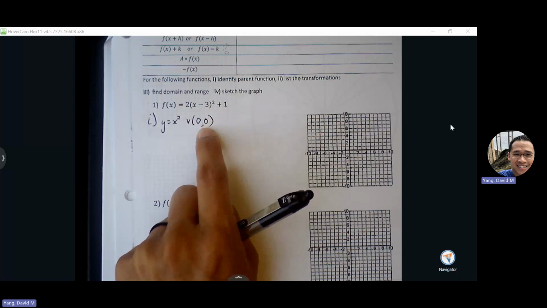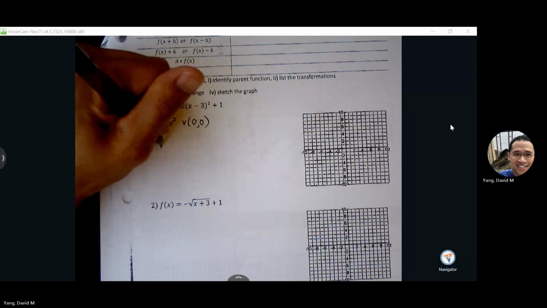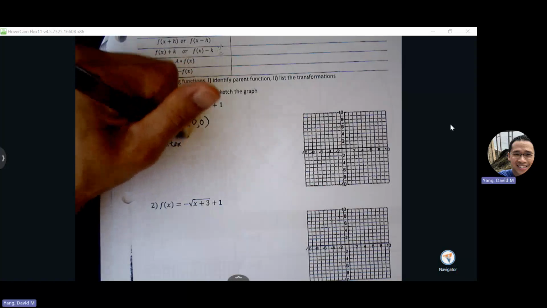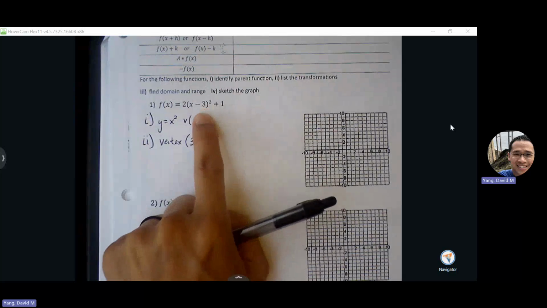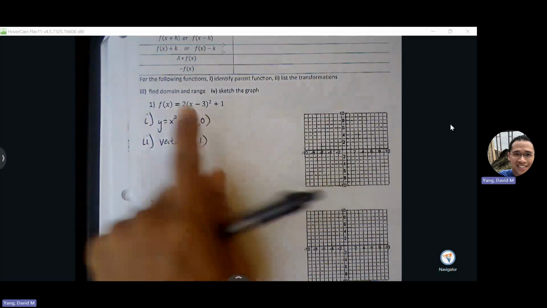So it's going to move to the right 3 and up 1 unit. We're taking that center vertex and shifting it right 3 and up 1. So my new vertex is now going to be 3, 1. It's going to just shift the graph 3, 1. And then what is the 2 going to do to it?